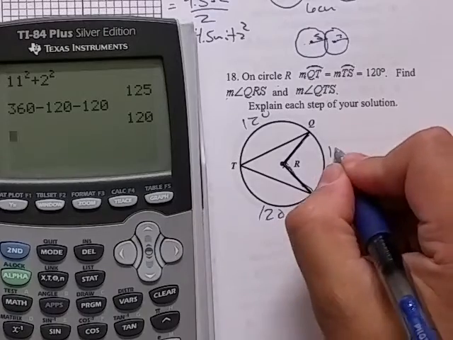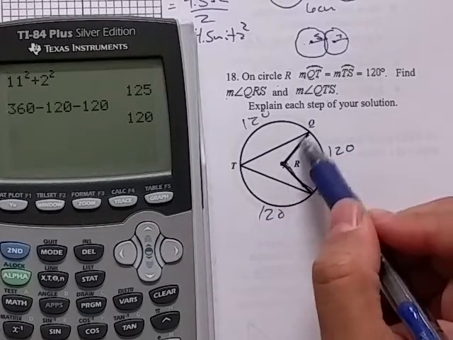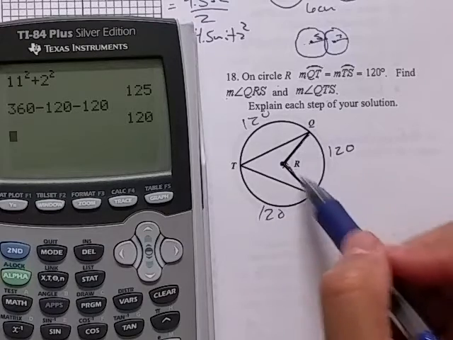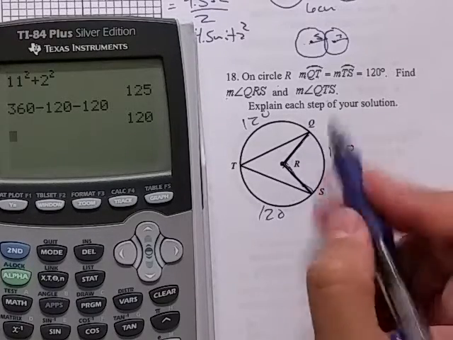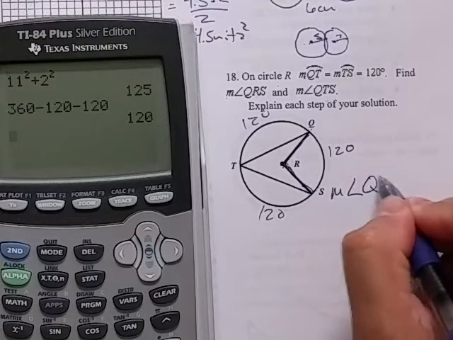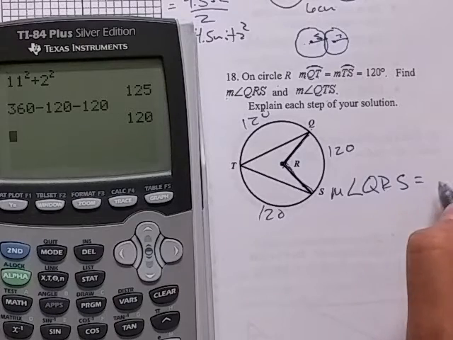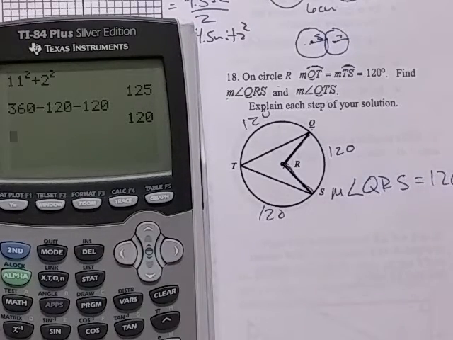It's going to give me 120 out here. Now we know that a central angle is always equal to the arc. So that means the measure of angle QRS is equal to 120 degrees.